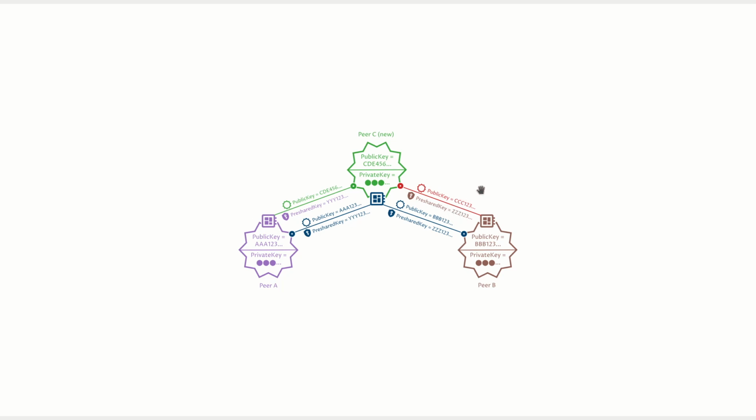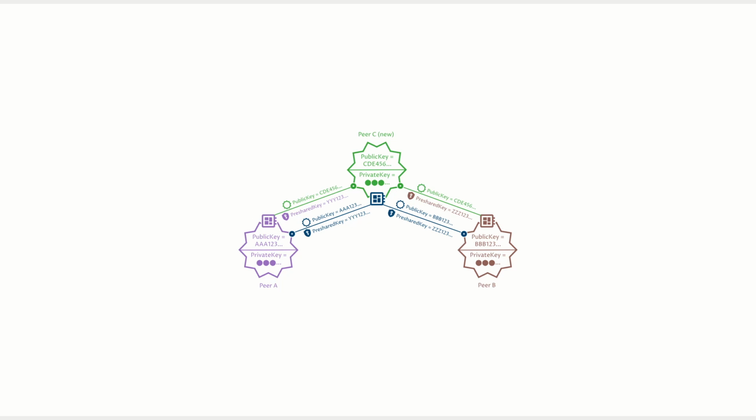So we'll go and do the same thing on peer B. On peer B, we'll configure its local interface to use the new public key for peer C, CDE456 blah blah. And that will fix the communication between peer B and peer C, allowing them to communicate as they had before.